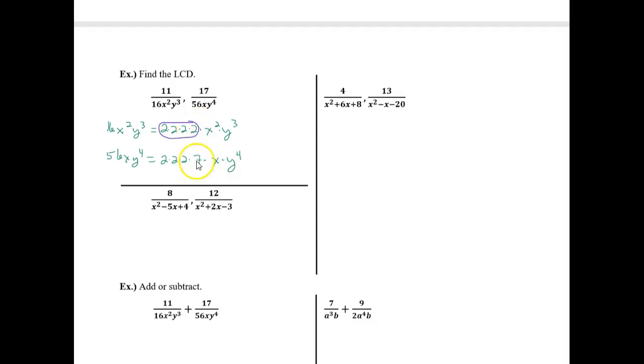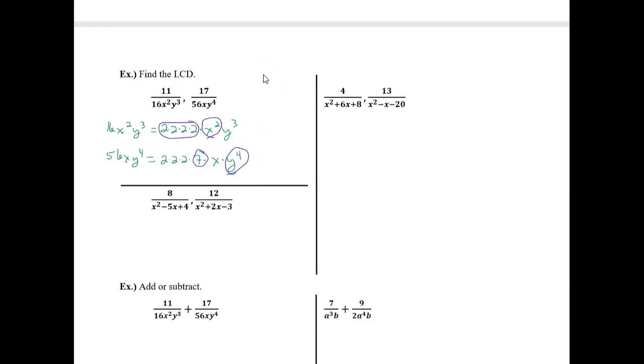Which one has the most 7's? This one down here. So I'm going to take the one 7. I go on to the next factor, x. Which one has the most x's? X squared is the most. And then which one has the most y's? So I'm going to take y to the 4th.